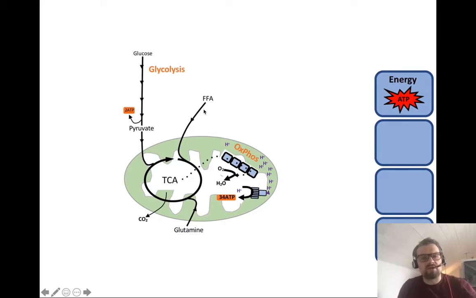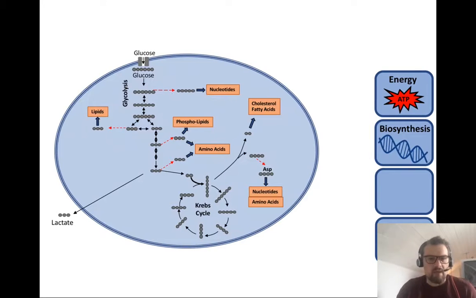So if we step back and look at the core metabolic pathways here and think about what the purpose is in immune cells, well, of course, the first thing which we discussed was that they're important for energy production, ATP production. And we've just discussed how all these different intermediates can also be converted into core molecules required as building blocks within the cell, so important for biosynthesis.